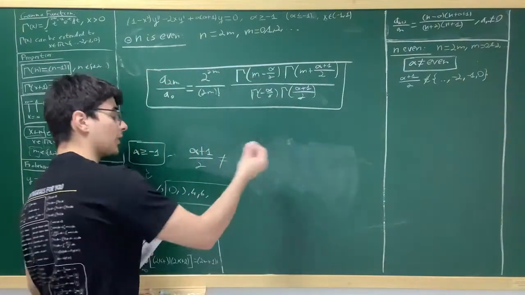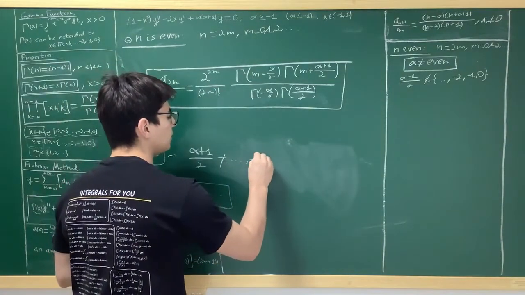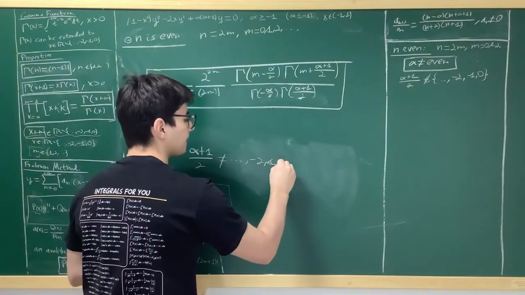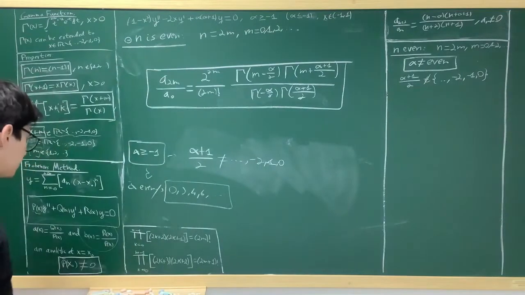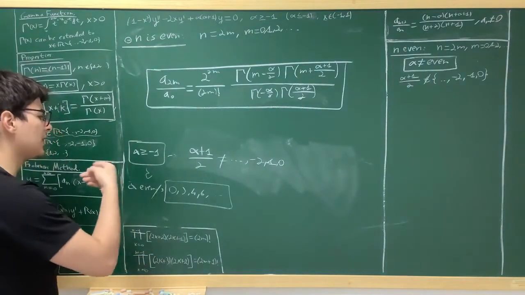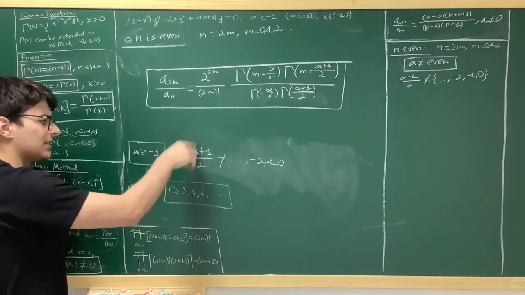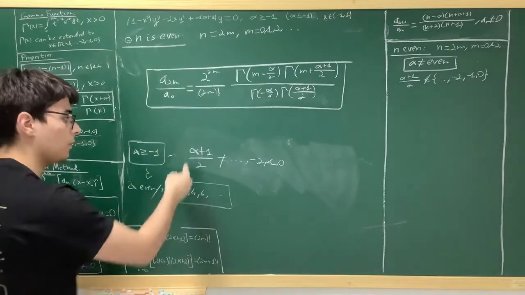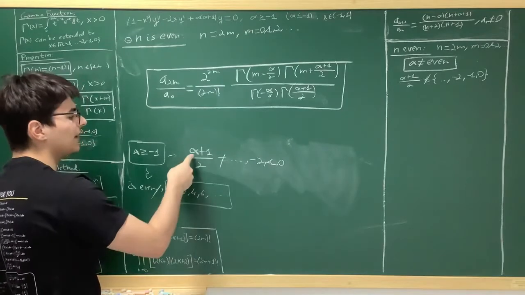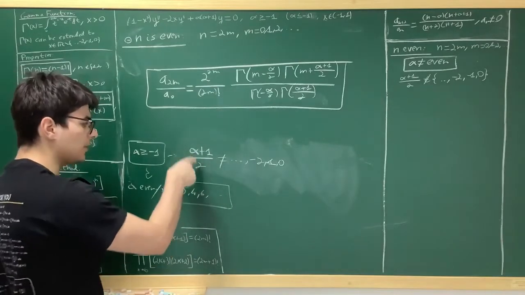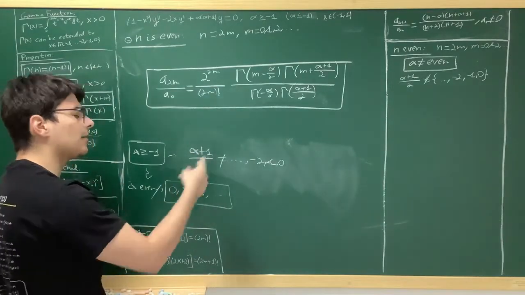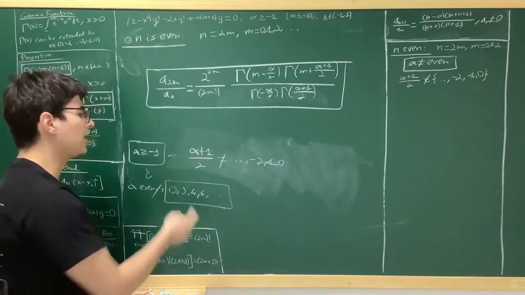Now here, again, we don't want it to be any of these numbers. How can we get any of those numbers? Well, really, because alpha is greater or equal than -1, this will only happen if this is an integer. When is this an integer? Well, this is an integer only if alpha plus 1 is even, because even over 2 is an integer. Alpha plus 1 is even if alpha is odd.